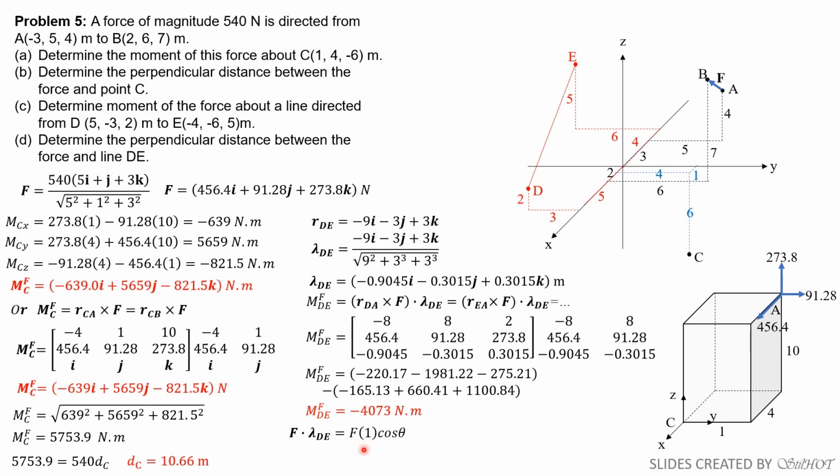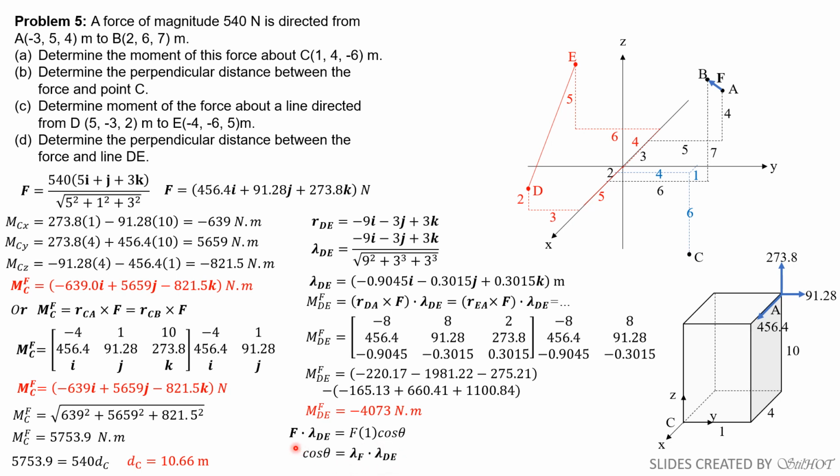Then also, F dot lambda of DE. So to solve for the component of F parallel to DE, which is F cosine theta.